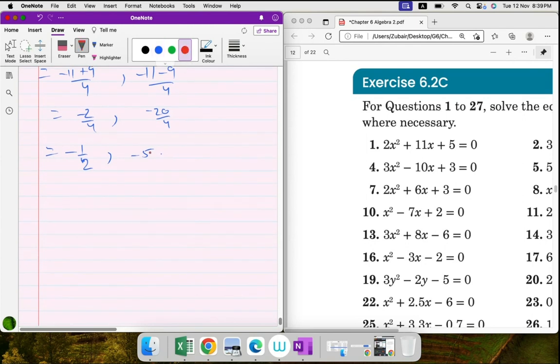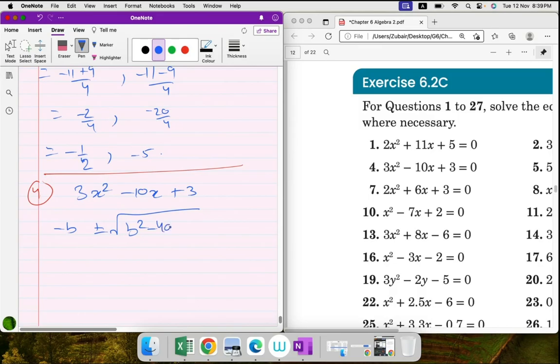Try question 4 with me. Dictate to me. This is 3x square minus 10x plus 3. The formula is minus b plus minus square root of b square minus 4ac over 2a. Ali, what is the value of b?